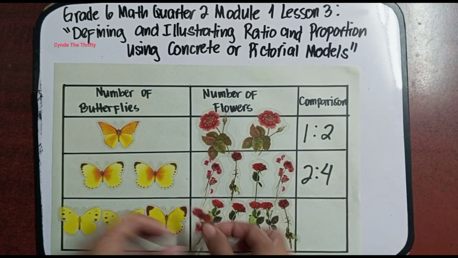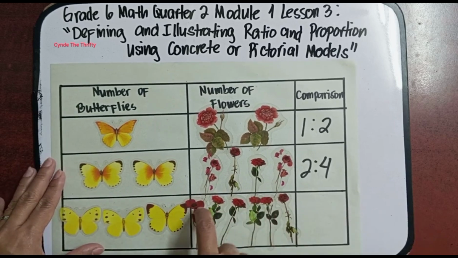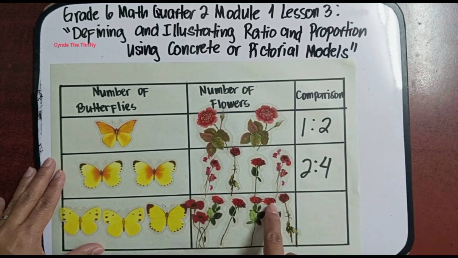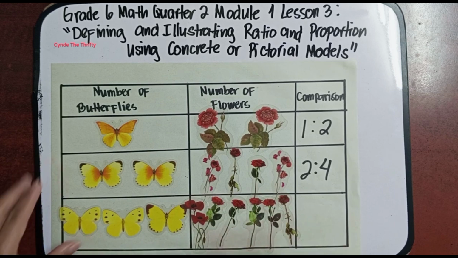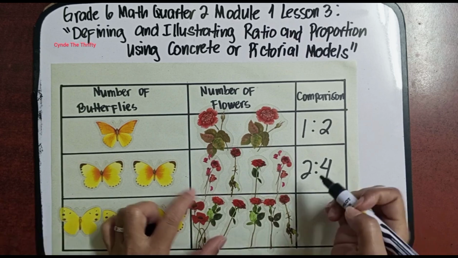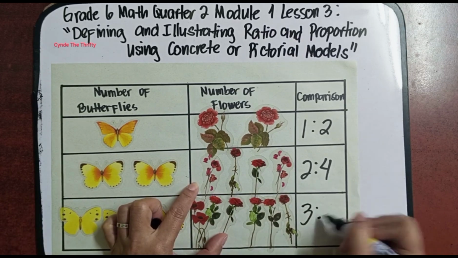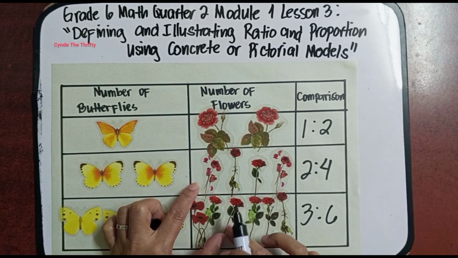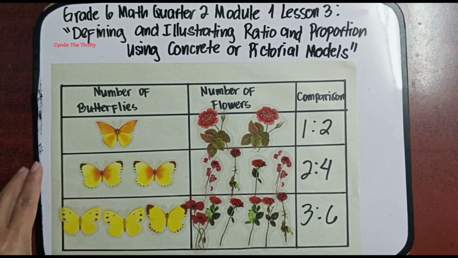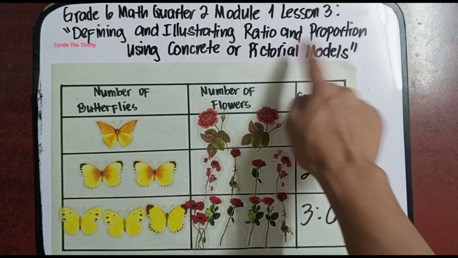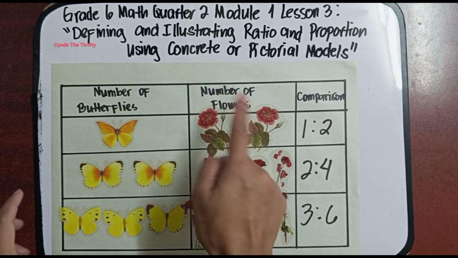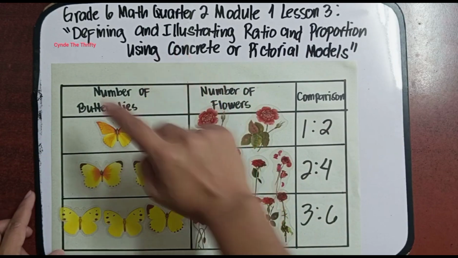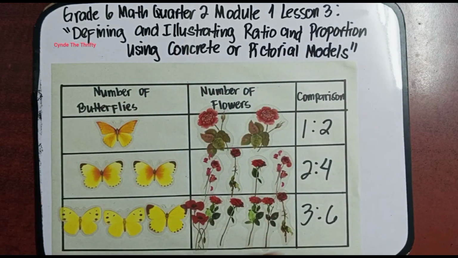Wait, 6. Ayan. So, 1, 2, 3, 4, 5, 6 flowers. So, ibig sabihin, kung meron akong tatlong butterflies, meron akong 6 na flowers. So, i-compare natin siya. 3 is to 6. That is 3 is to 6. Okay. Diba? Napakadali lang mag-illustrate ng ratio and proportion kapag gumamit tayo ng mga concrete or pictorial models.